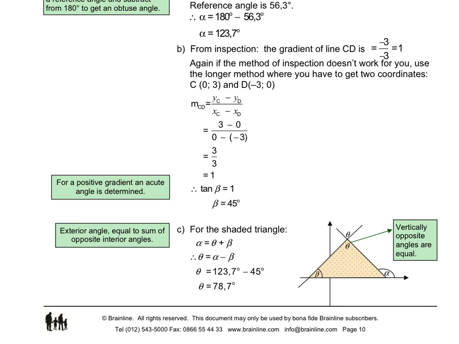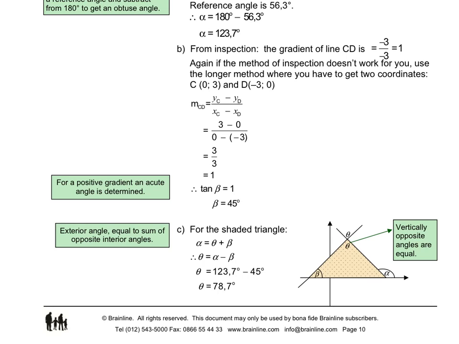Minus times a minus becomes a plus, so then we have 3 over 3, which gives me the gradient of CD being equal to 1. Then we can use the inclination angle and say that tan beta is equal to the gradient of CD, which is 1. Then we press Shift tan of 1 in the bracket, and that gives us beta equal to 45 degrees.